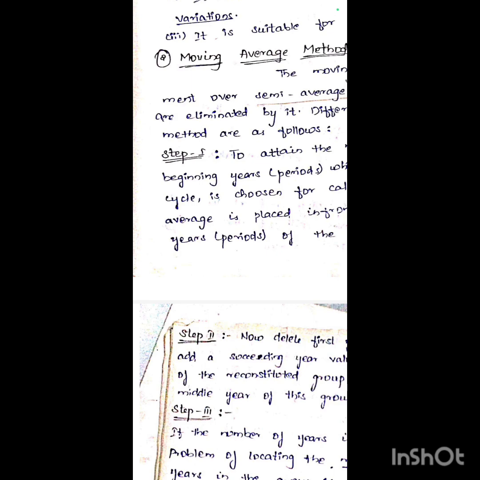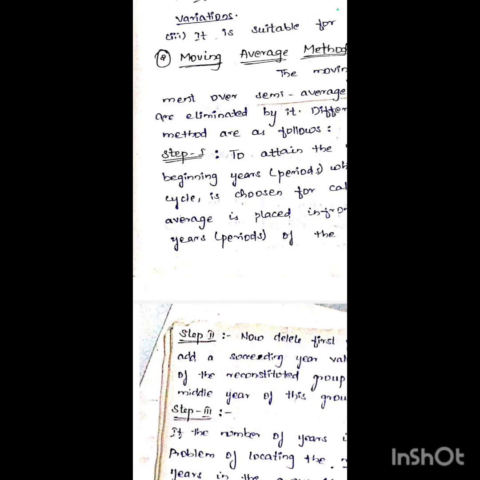Next, moving to the moving averages method. This is the second method of calculating a trend. The moving averages method is an improvement on the semi-averages method, with which you can easily calculate the averages, and short-term fluctuations are eliminated by it. The different steps of the moving average method are as follows.